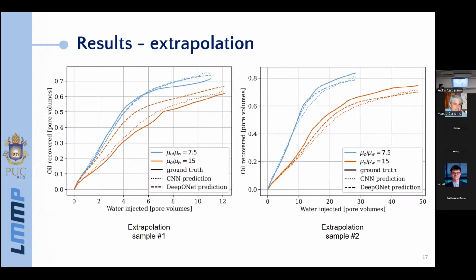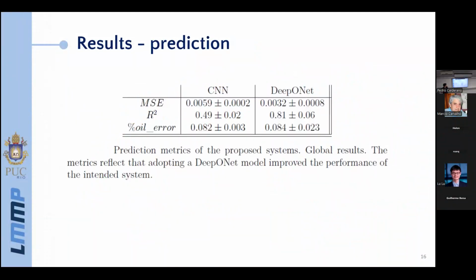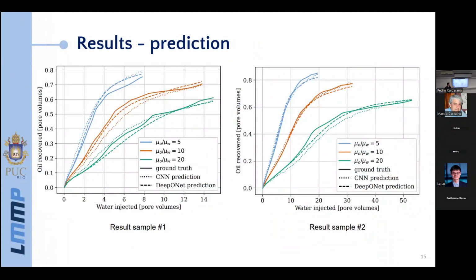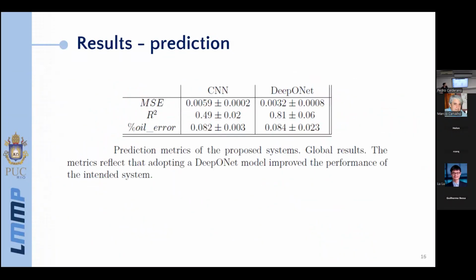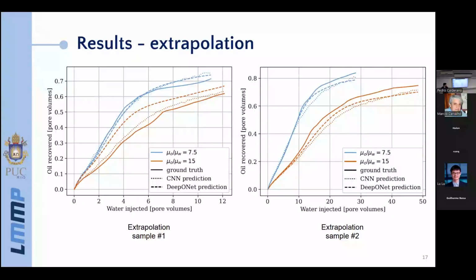I also do extrapolation here. This extrapolation was done because the DeepNet is known to be a good extrapolator, and I'm trying to see if that's the case for my problem here. So, this model was designed to work well for the viscosity ratios of 5, 10, and 20, but not outside those points.